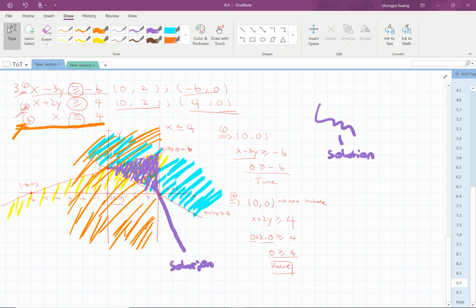If you find an area which has all three colors, then you know that will be the area for the solution. Don't look at things overall like a whole picture. Look at some specific zone, some specific area. In this area I only have two colors, in that area I only have one color, and in this area I have three colors. So you know that will be the solution.